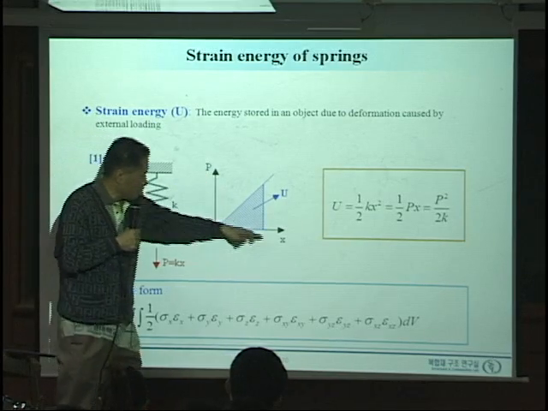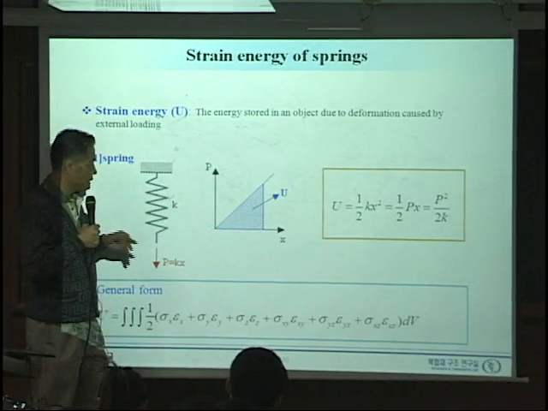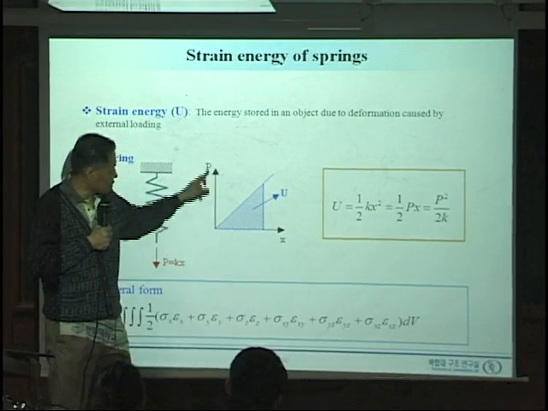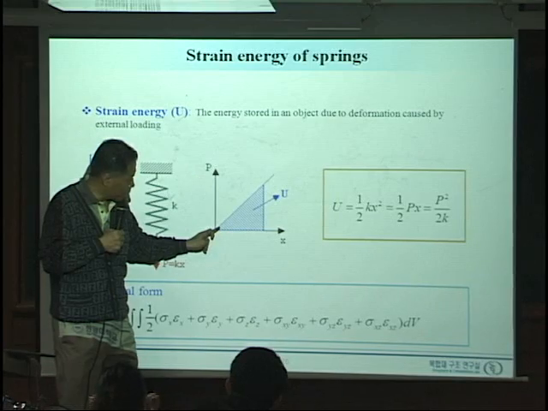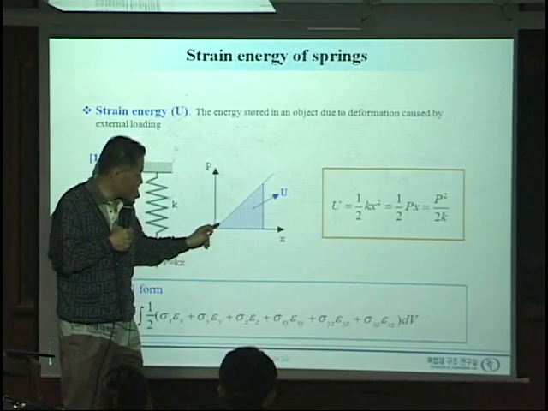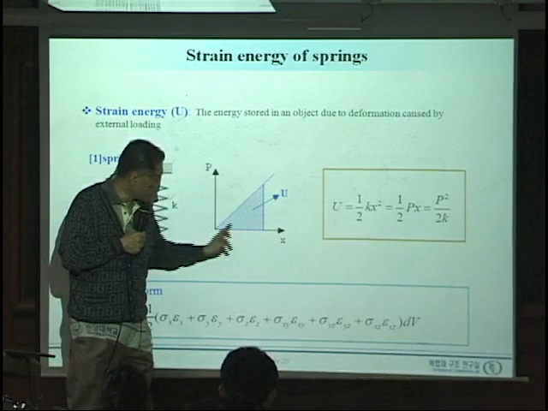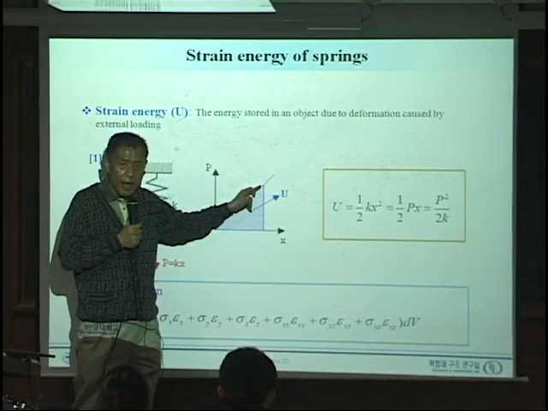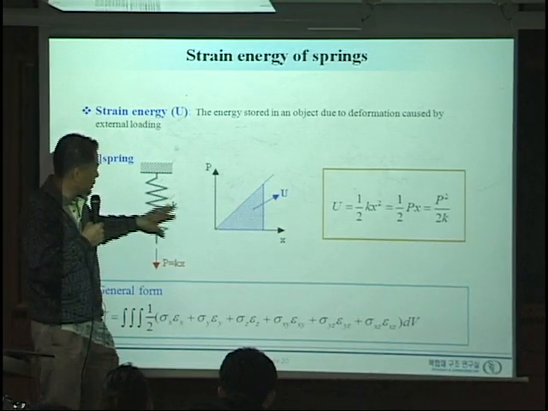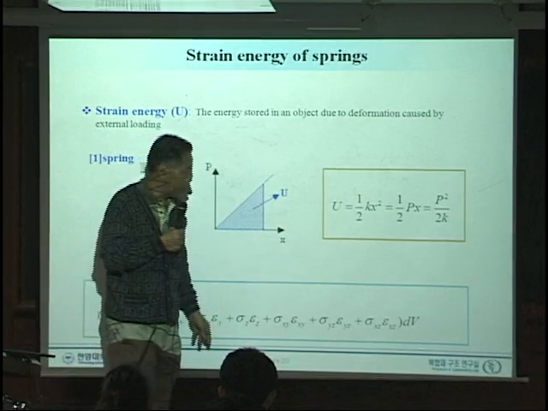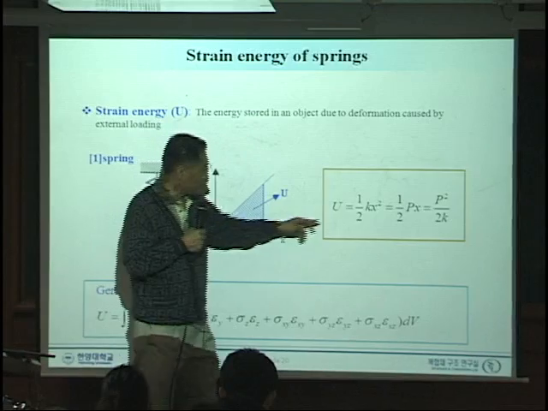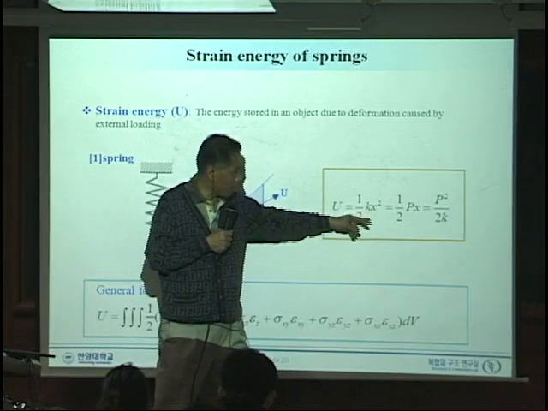And this is P, and this is x. See, at the very beginning, when x equals 0, there is no force. So the force will gradually increase along with x, because P is given by kx, so it increases like that. And the energy, we call strain energy, contained in this spring up to here, is called U. So U is simply x times kx, squared, half.